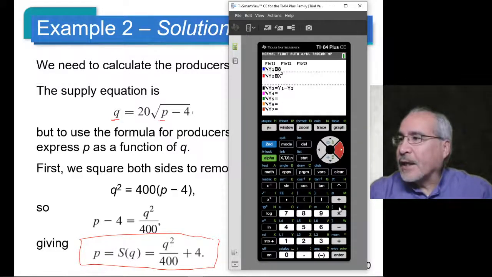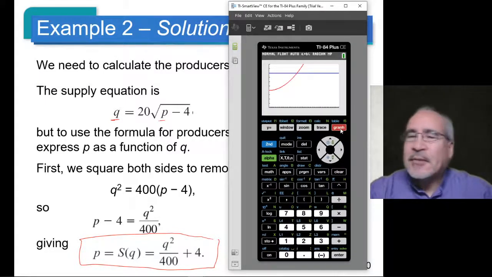Come down to the line, divide by 400, and then add 4. Now, the way I've done this, it may not look like it, but order of operations, it will just take x squared divided by 400. This plus 4 is off to the side. Okay. You could put parentheses around it, but let's graph it now and see that's what I was looking for.